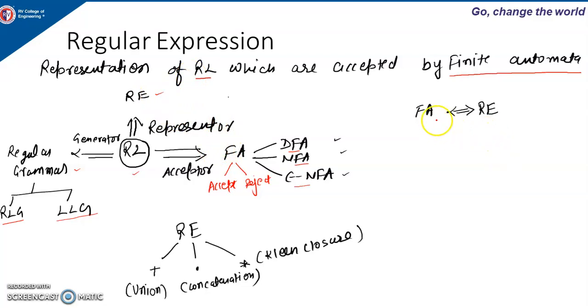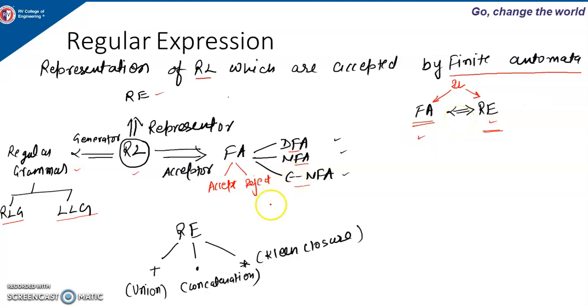The meaning is, for any regular language, if I can construct finite automata, I can also write a regular expression for that, and both are equivalent. If I have finite automata, I can write the regular expression. If I have regular expression, I can construct a corresponding finite automata for that.